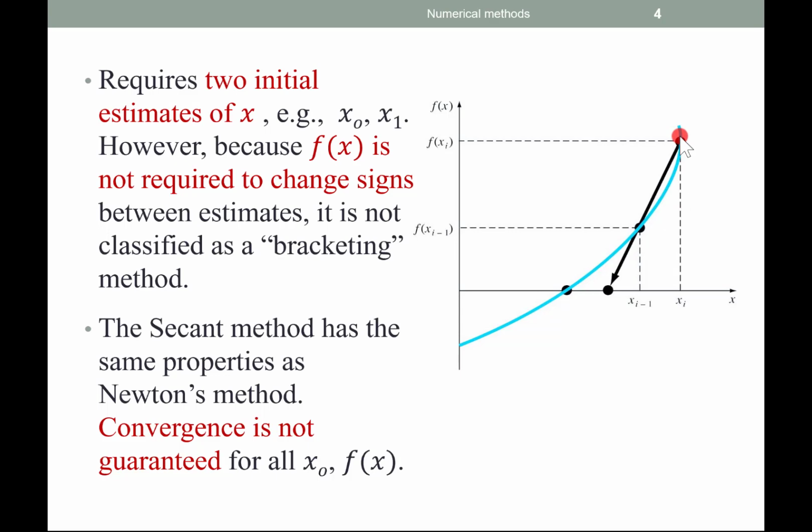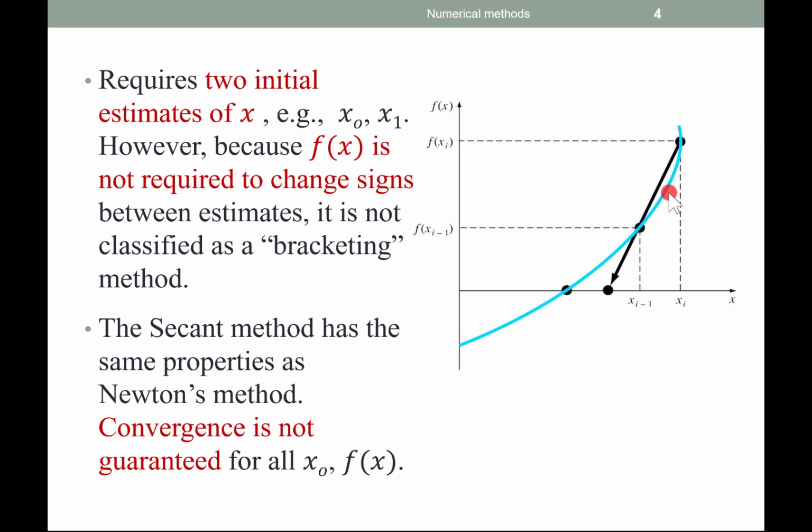They're trying to find the derivative at xi. So they took xi and they took this point xi minus 1, which is somewhat far away from it, but that's what's used in this diagram. And then the real root is found right here. So again, we want to make sure that the distance between this point and this point is small to get a better estimate.